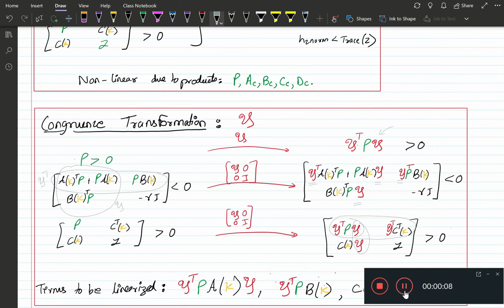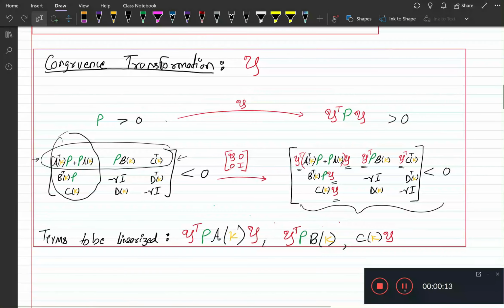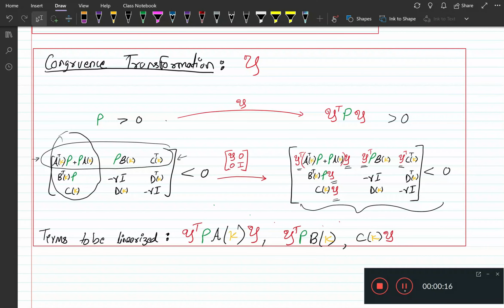So now if we observe the conditions for H infinity, these were the conditions for H infinity synthesis.